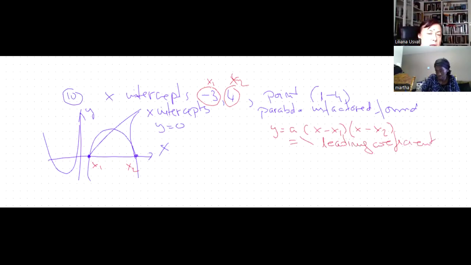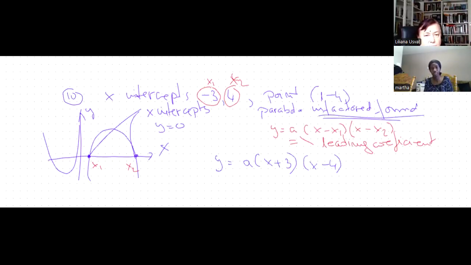Okay? So y equals a times (x minus -3), which is x plus 3, times (x minus 4). So this is the parabola in factored format.